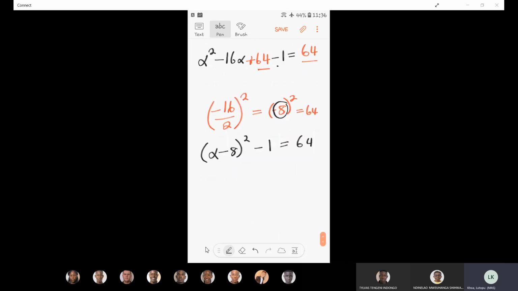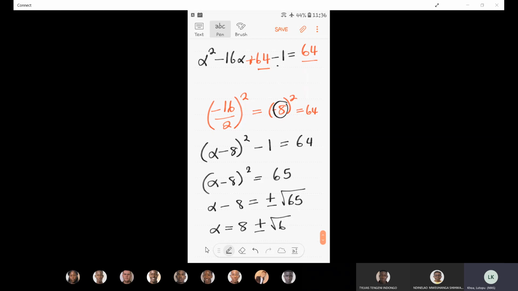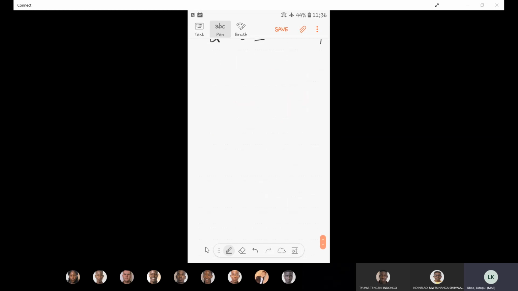And then you add 1 on both sides. You have alpha minus 8 squared equal to 65. Alpha minus 8 is equal to plus or minus the square root of 65. And alpha is equal to 8 plus or minus the square root of 65. So there are two solutions over here.